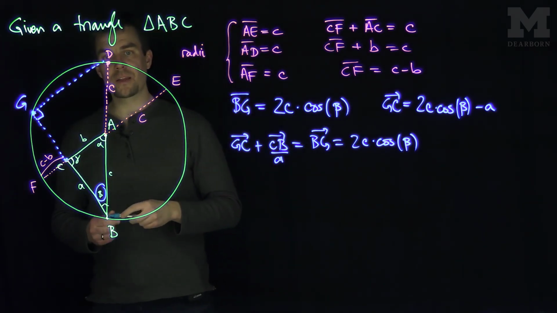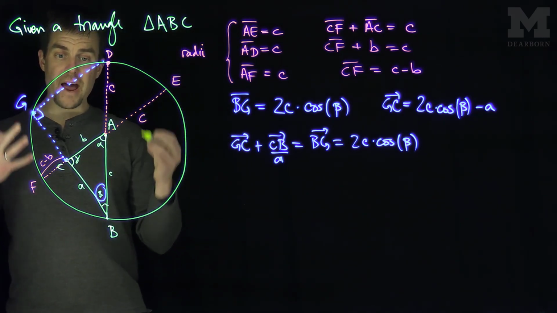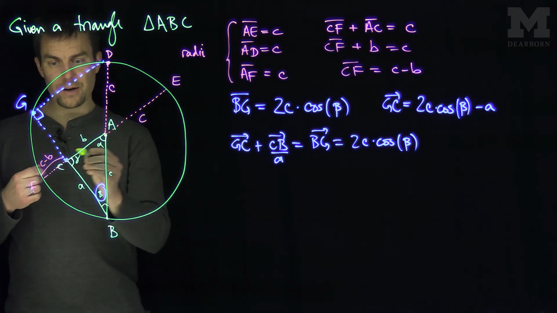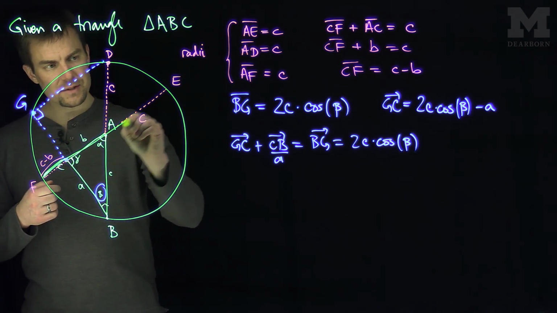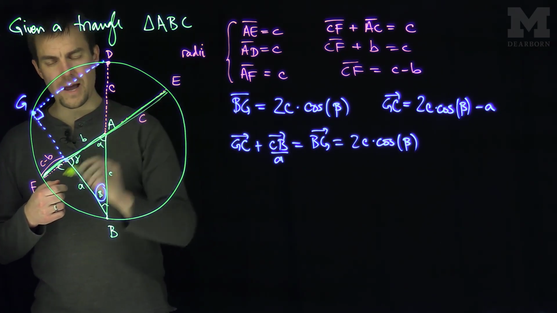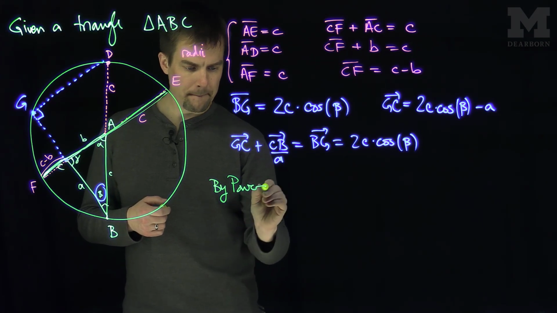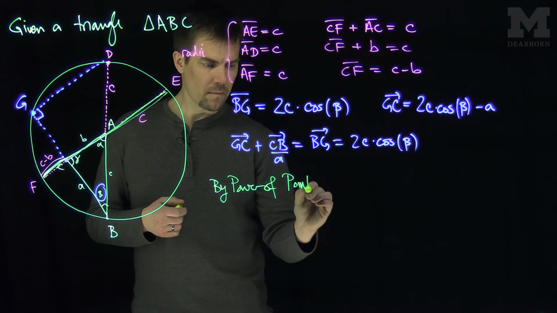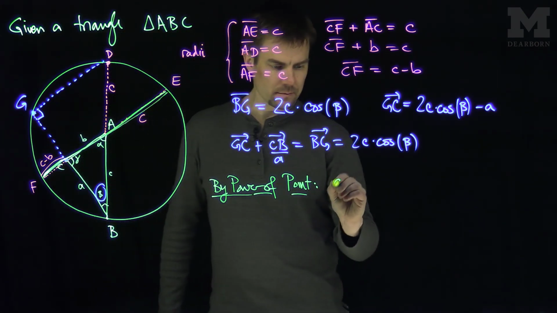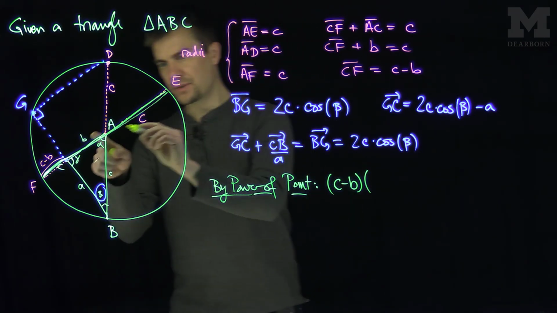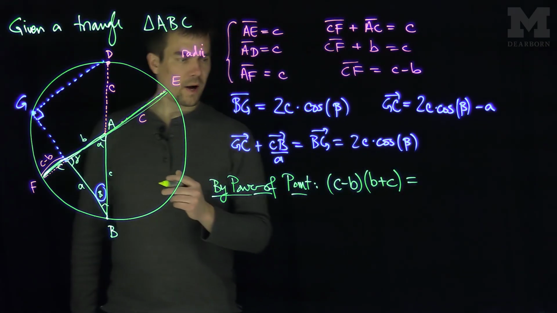And so now I'm in a position to apply the power of a point theorem. So now let's look carefully. The power of a point theorem says wherever you see an x in a circle, you get a corresponding product. So I know the product over here of F to C and this C to E is one part of my x. So by power of a point, we know that c minus b times b plus c has to be equal to what?